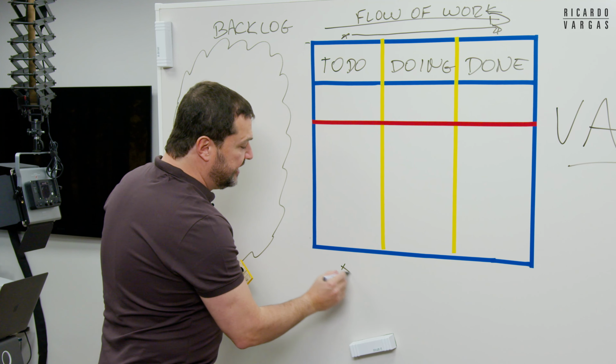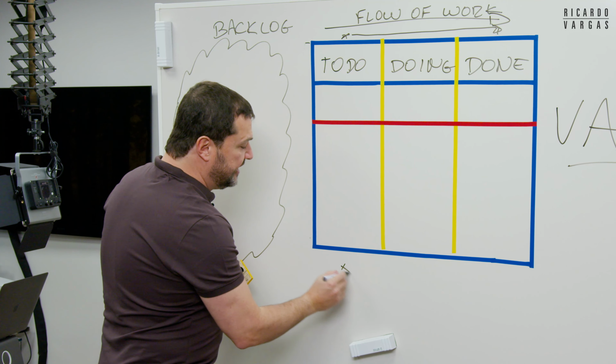And this is, for example, team A. Or this is, for example, procurement. This is, for example, HR. This can be any area of your company or any of your teams, and you do the same concept. However, you do it in a different way.